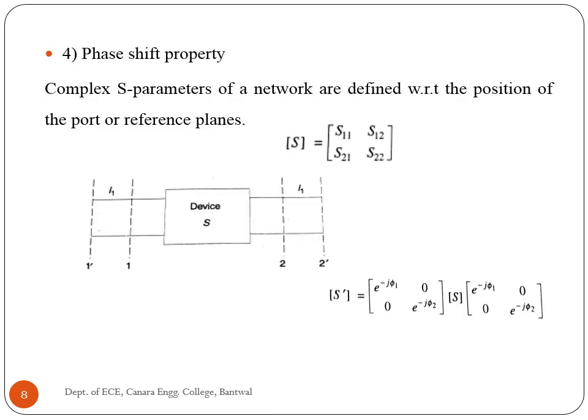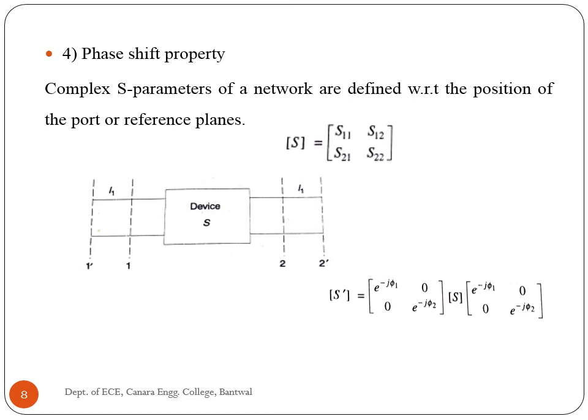The fourth property is the shift property. Complex S parameters of a network are defined with respect to the positions of the port or reference planes. For a two-port network with unprimed reference planes 1 and 2, the S parameters have definite complex values.